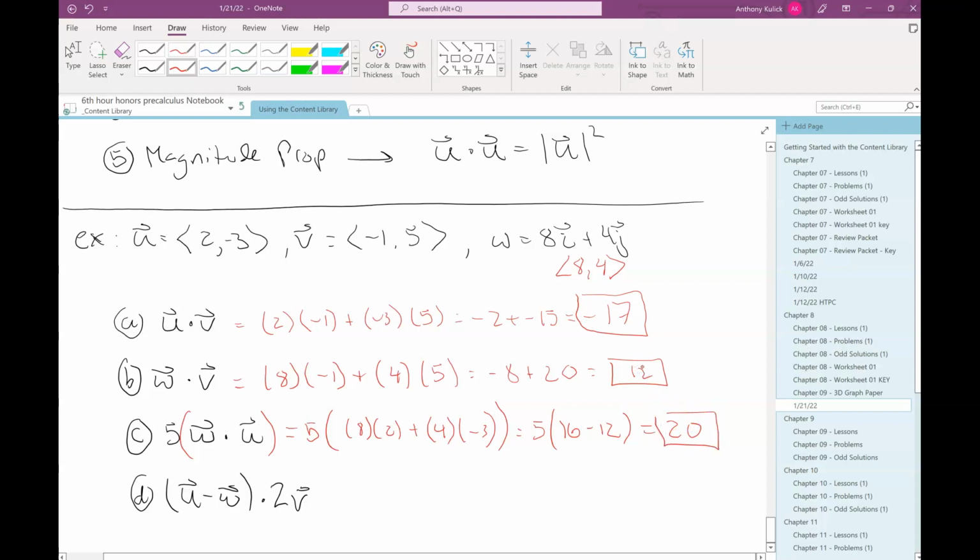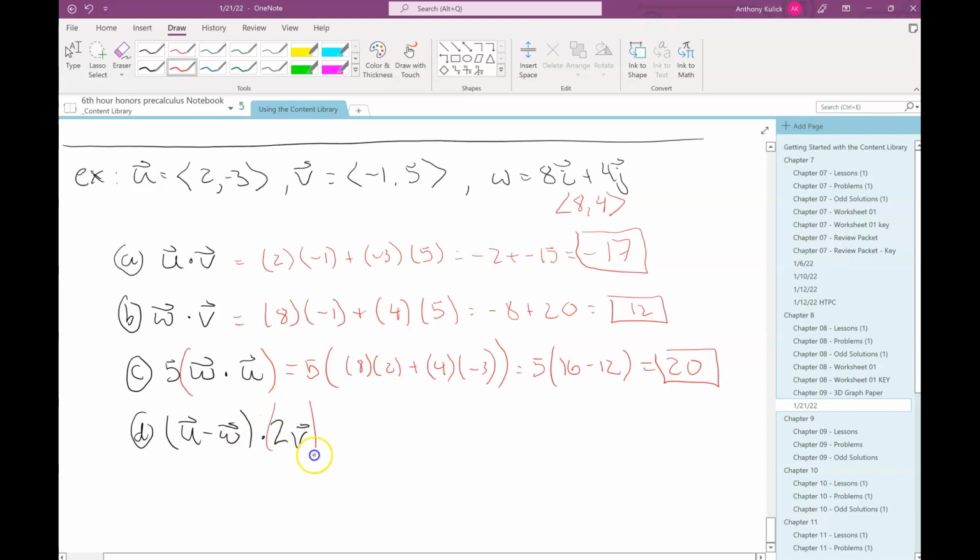And that just gives me 20. So far, so good.